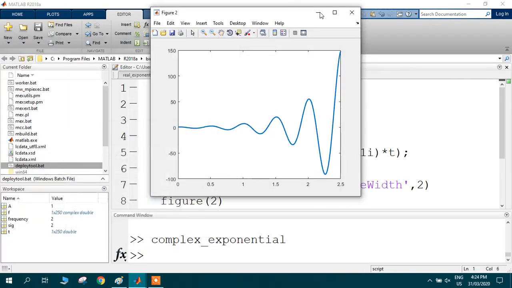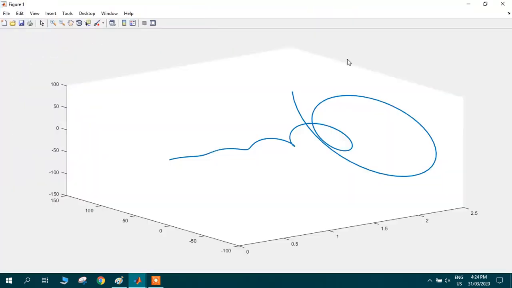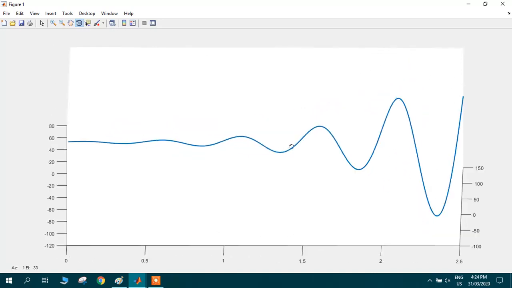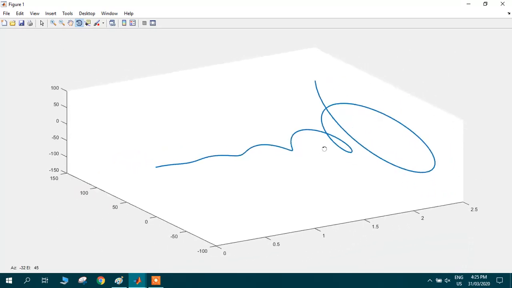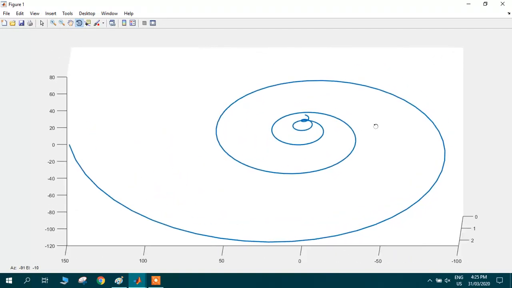As we know, our figure 1 is the 3D plot of this function. Let's first have a look at this by rotating it. Okay, you can see that with the positive value of sigma, the function is gradually growing. It is exponentially growing, and you can observe it from any angle.